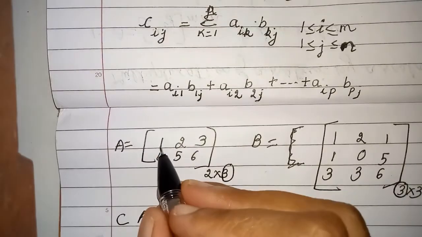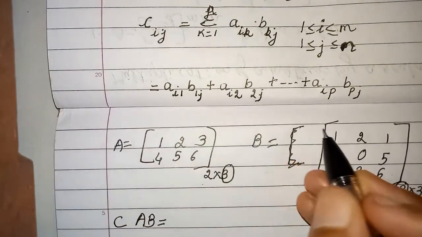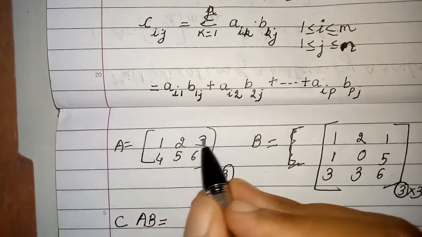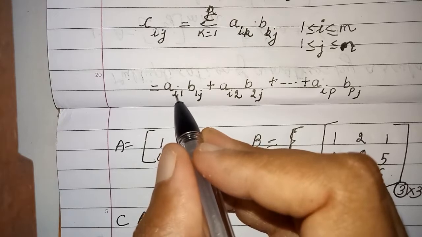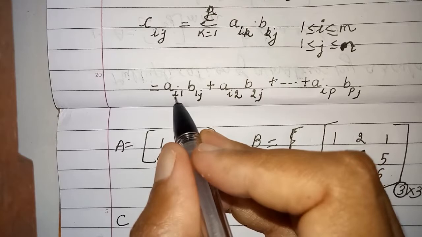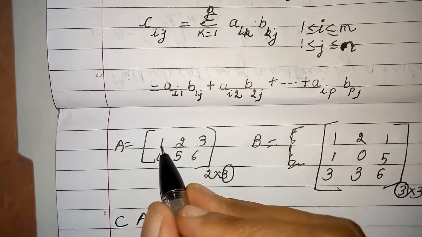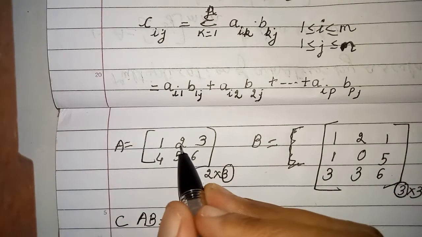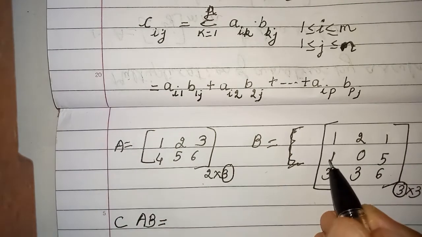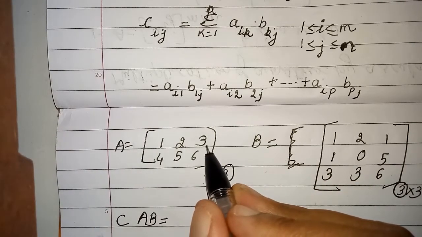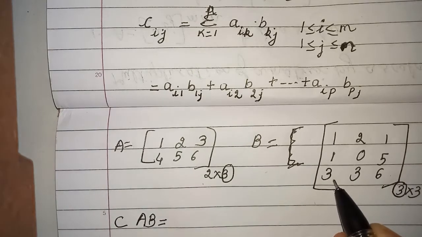Now what is happening here? A11 will get multiplied with B11, plus A12 will get multiplied. This i means that row, right? j means that particular column, right? So i will start with 1, j will start with 1. So it will be A11 into B11 plus A12 into B21 plus A13 and B31.